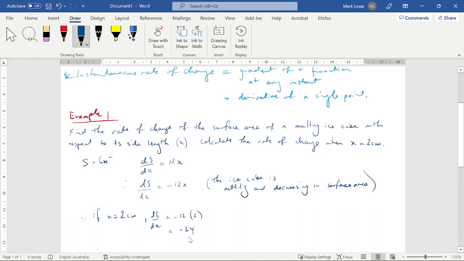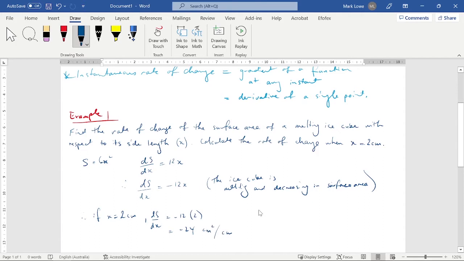Centimetres squared. Centimetres squared per what? What's the rate of change with respect to? It's not with respect to time. It's with respect to its side length. It's a strange kind of unit, really. It'll be negative 24 centimetres squared per centimetre.